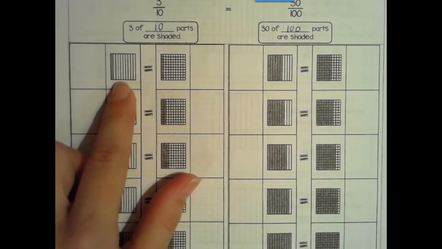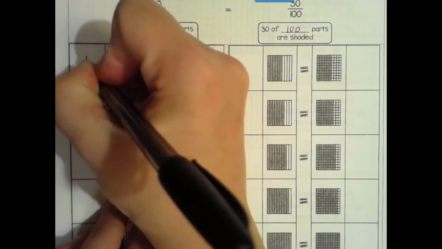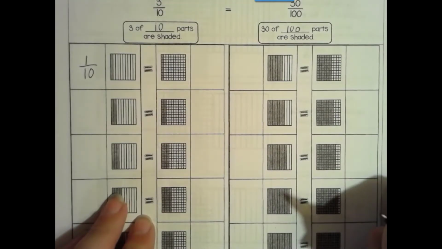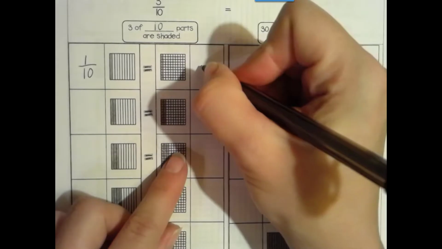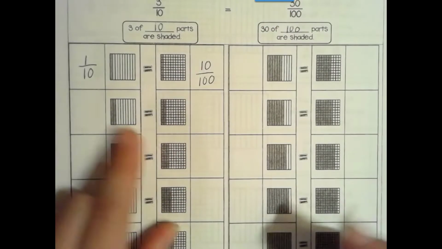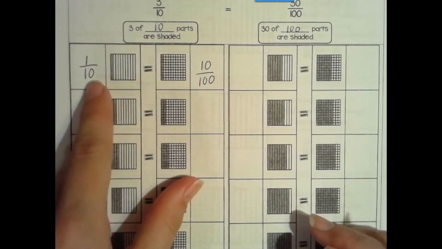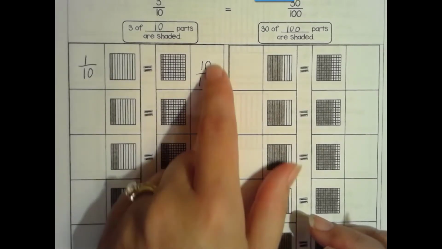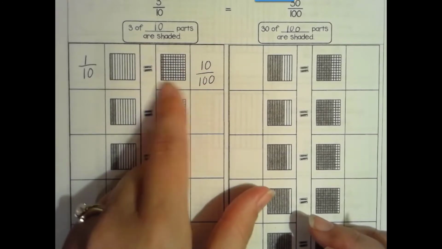All right, so this fraction right here is 1/10, 1 out of 10. But here we have 10 out of 100. So 1/10 and 10 hundredths are the same. If I multiply both of these by 10, this is what I would end up with. And when you multiply, you cut it into more pieces.